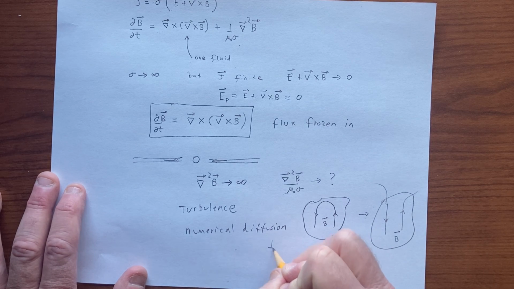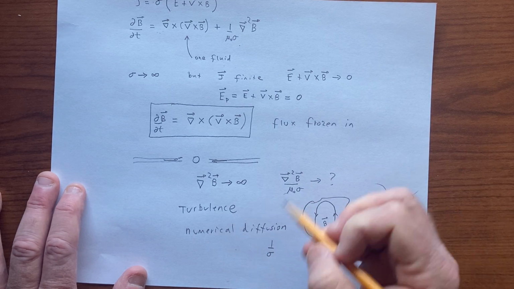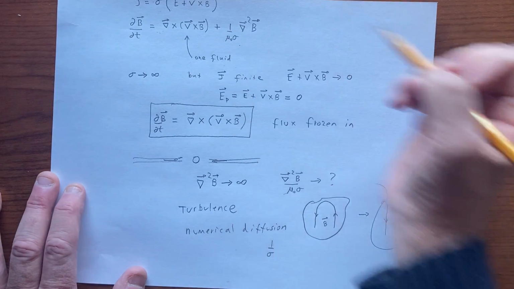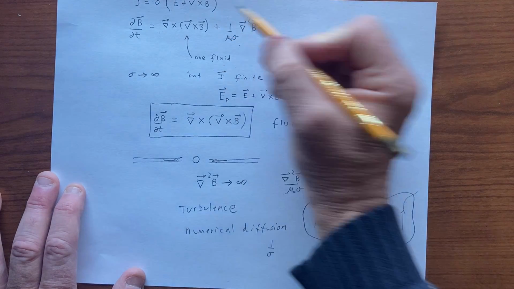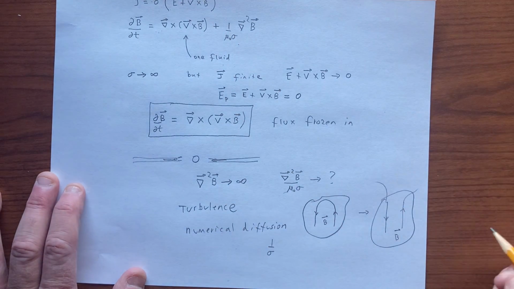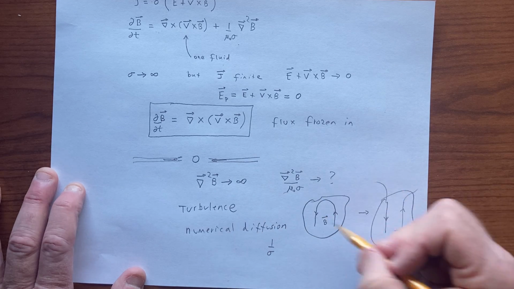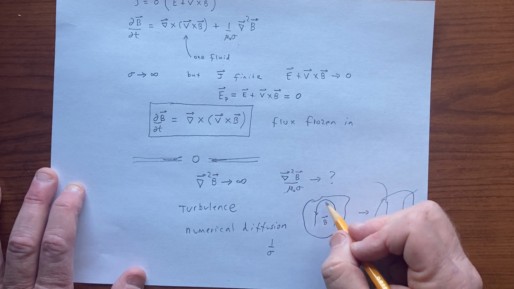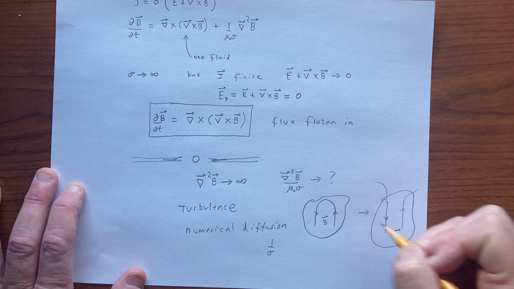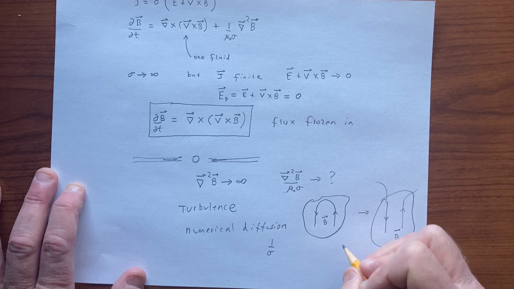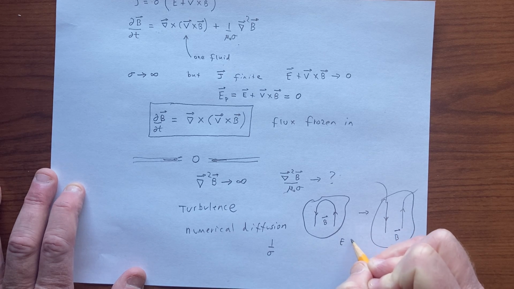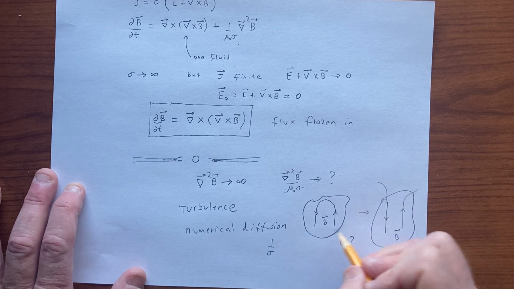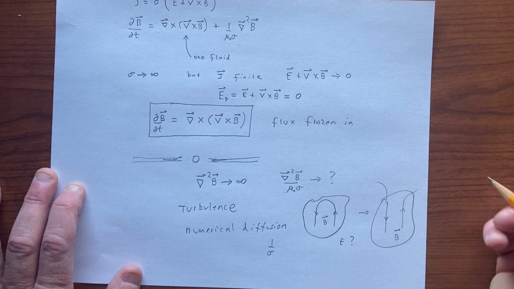And so the idea is you don't really have to worry about the term that has this inverse conductivity or resistivity, because your computer simulation doesn't need to track this in any detail, because numerical diffusion comes to the rescue. The problem is that there's energy in this configuration, and there's a lower energy in this kind of configuration. So where did the energy go? That energy that goes from the magnetic field configuration to something else, how is that tracked?